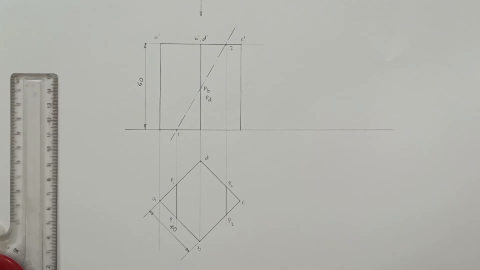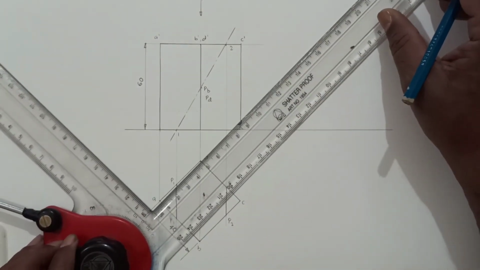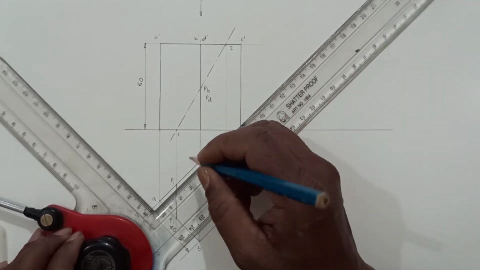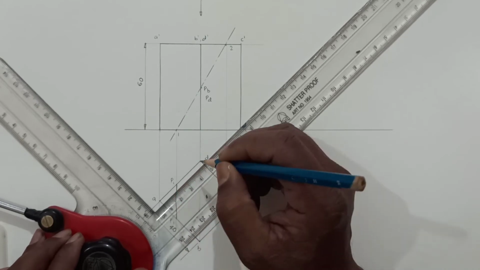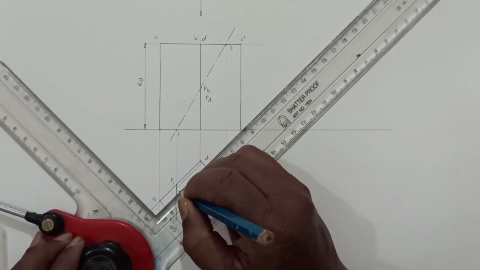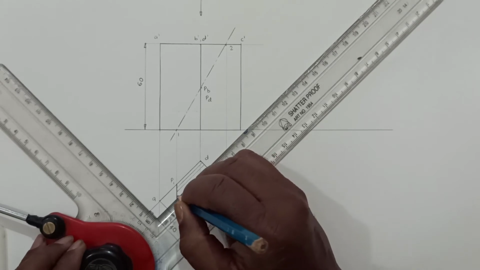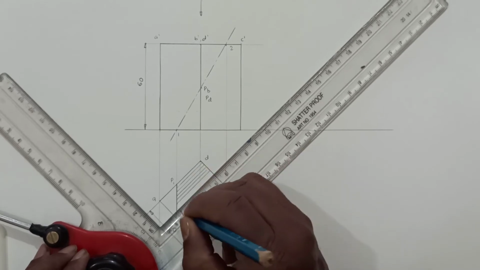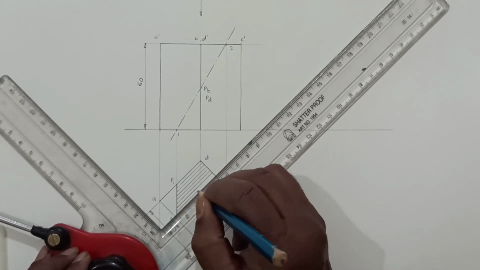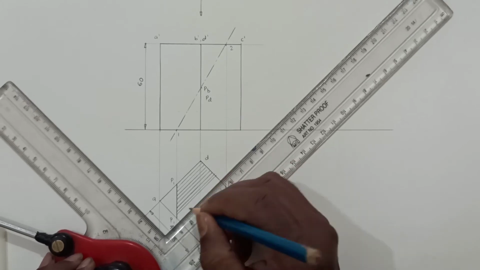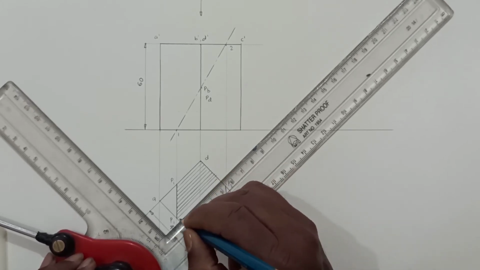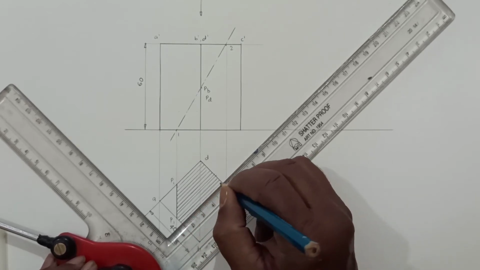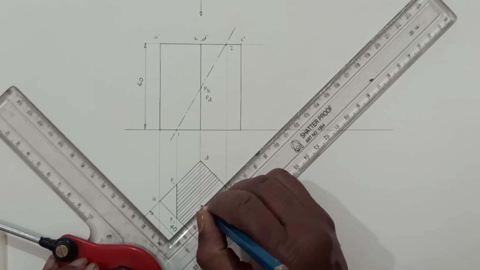Now simply we have to draw the section plane, which are hatching lines inclined at a 45-degree in top view to represent the sectional top view. So draw these lines. Be careful that all these lines should be equispaced and the distance between these lines should be approximately 2 to 3 mm.